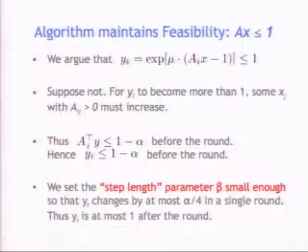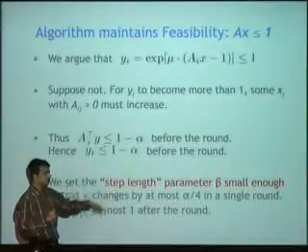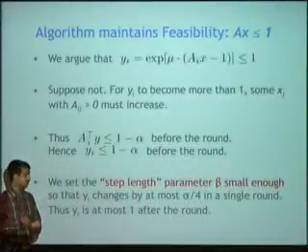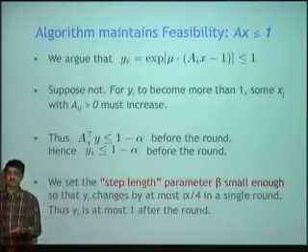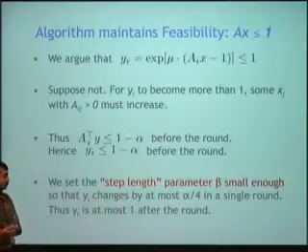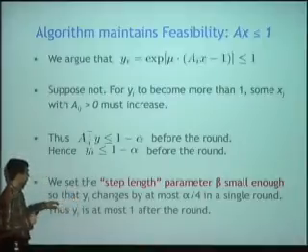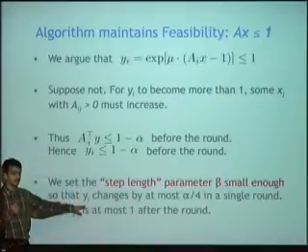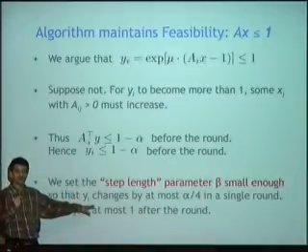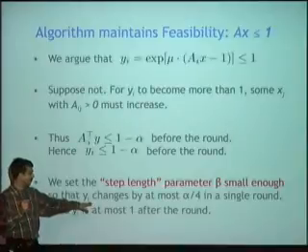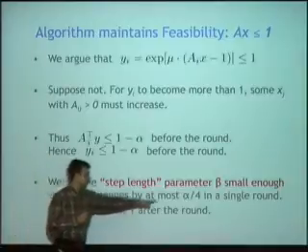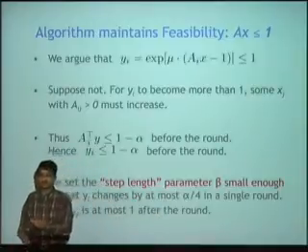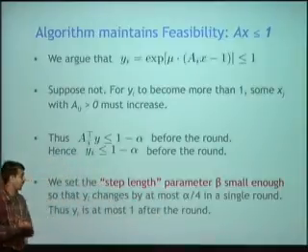And now comes the trick. We set the parameter beta, namely the step length parameter, the multiplicative increase by which we update the variables, small enough so that any y_i changes by a very small multiplicative factor. More precisely, we proved that y_i changes by at most a multiplicative factor of 1 plus alpha over 4 in any single round.